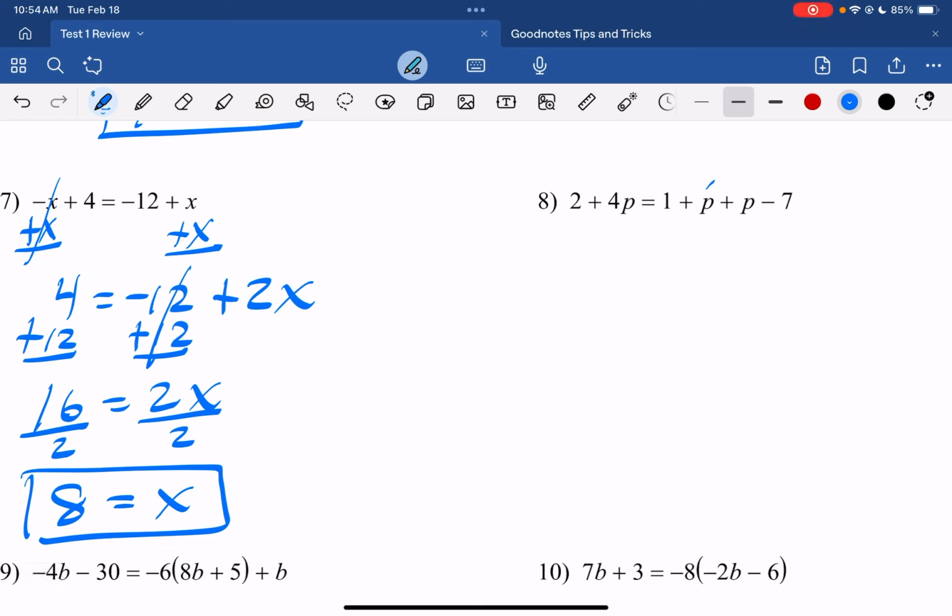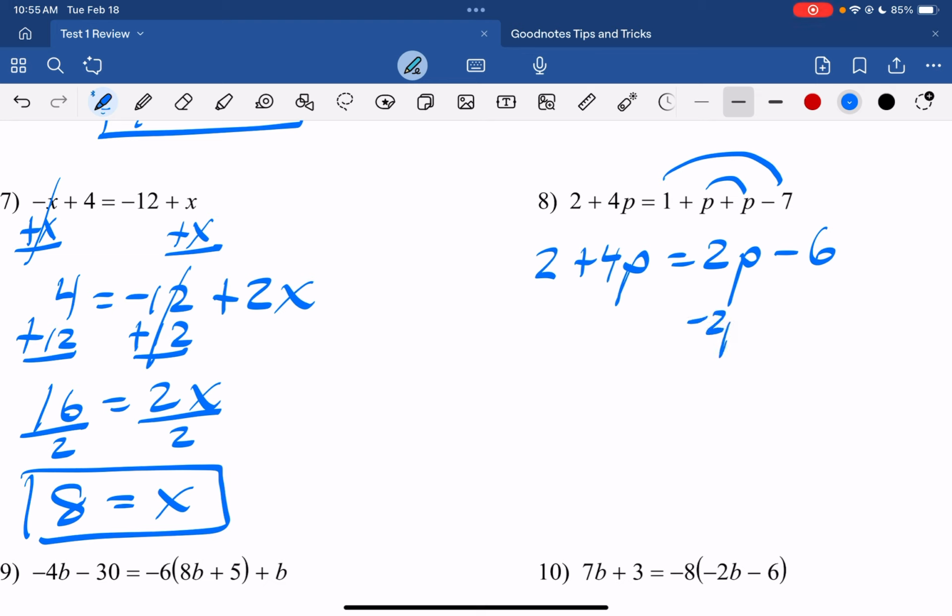We've got 2 p's to put together and a 1 and a negative 7. So the left side can stay the same. The right side is 2p, and 1 minus 7 is negative 6. So now we have p on both sides of the equation.